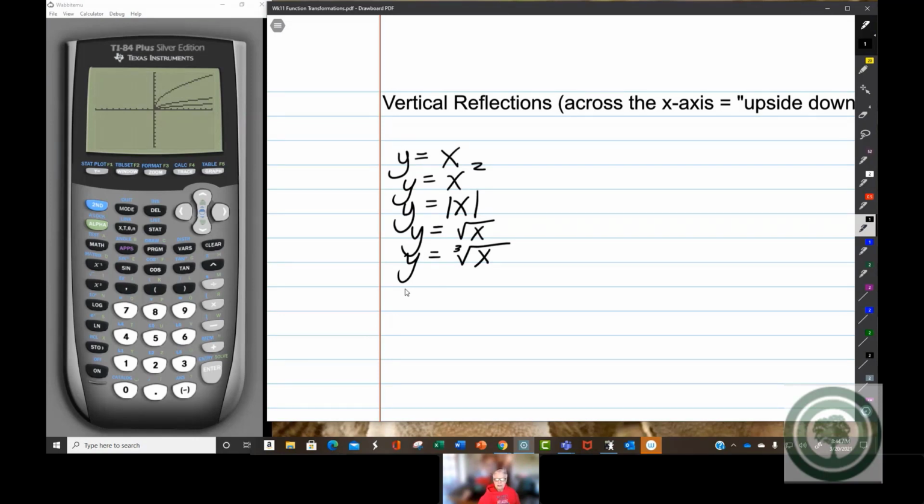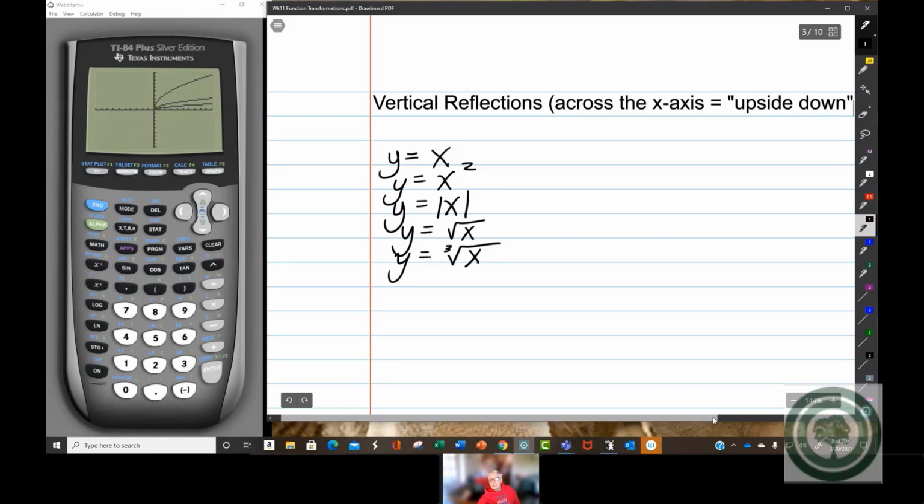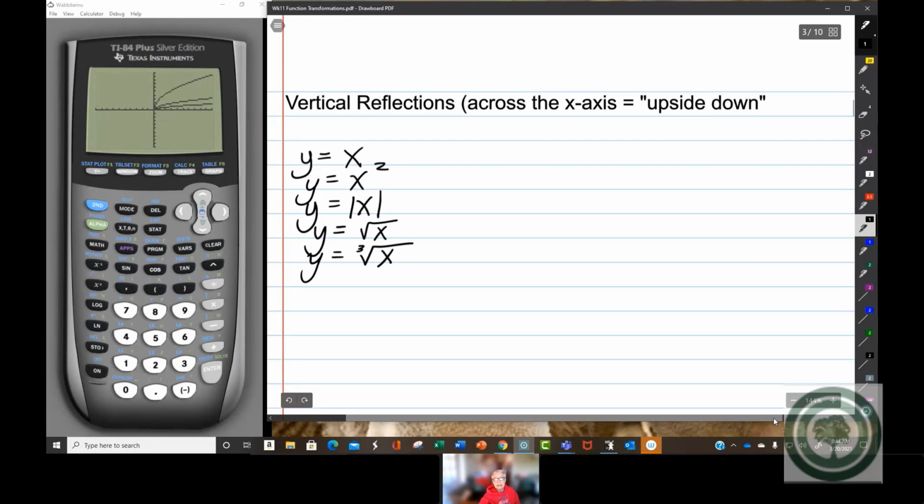And I know I've left out some, but that's good enough. We are now going to reflect these guys across the x-axis, which also can be thought of as just flipping them upside down.